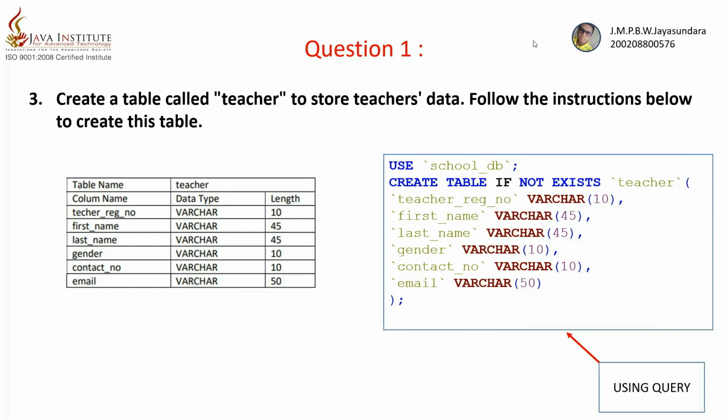When we create this using a query, first we need to define what database we are using, and then we say create a table if that table does not exist in our database, followed by the name of our table, then the column names and data types. So let's go and see how we can do this practically.